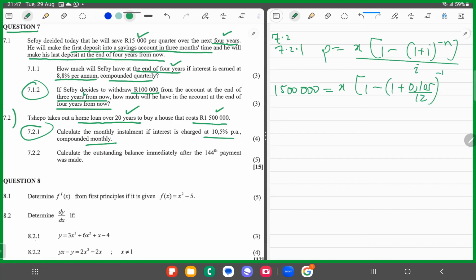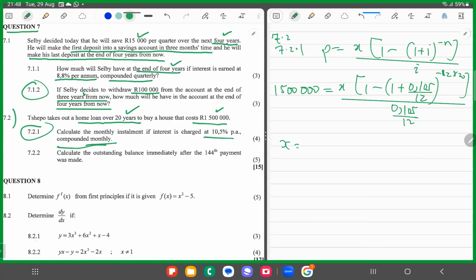It's compounded monthly, so there are 12 months in a year, by 20. And then it is divided by 0.105 divided by 12.